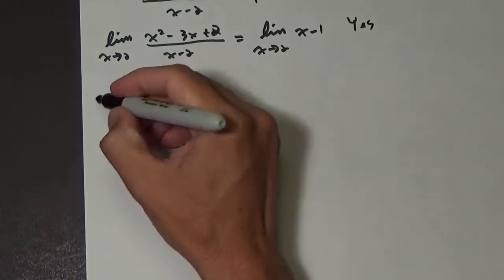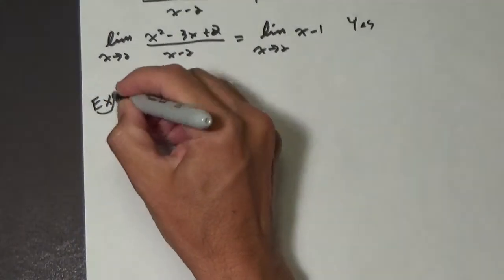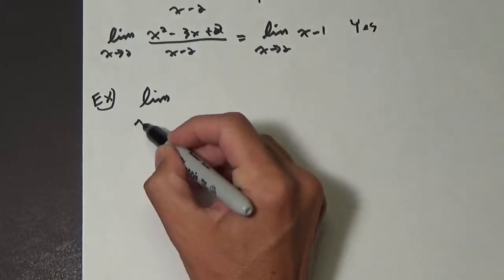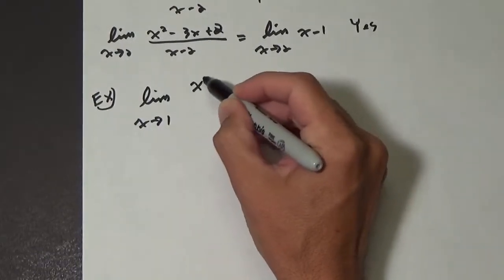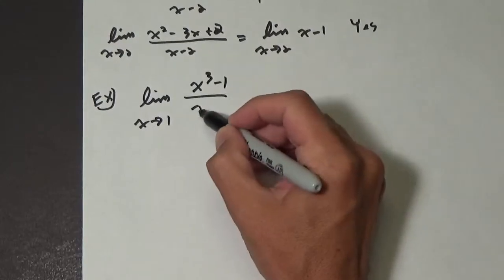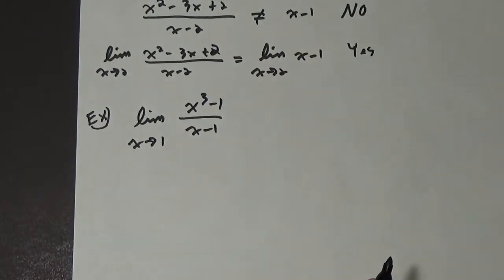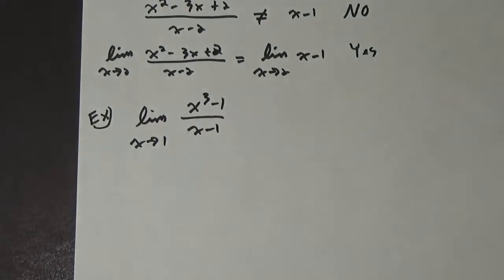Now let's do another example, and this is more of a review from pre-calc. Let's say we have the limit as x approaches 1 of x cubed minus 1 over x minus 1. Now, you first substitute. Substitution doesn't work.